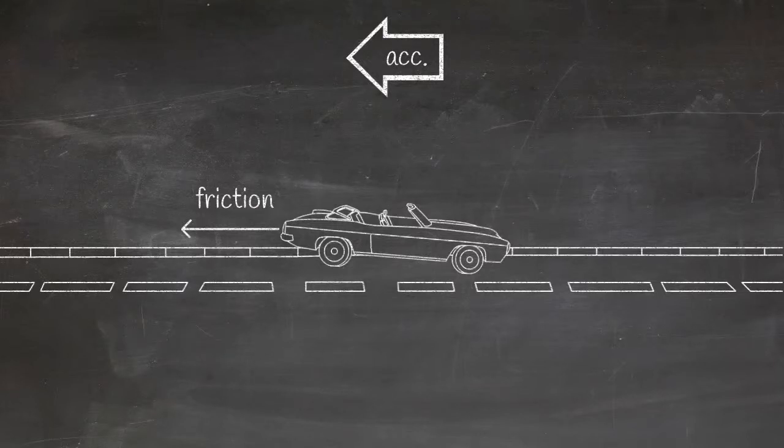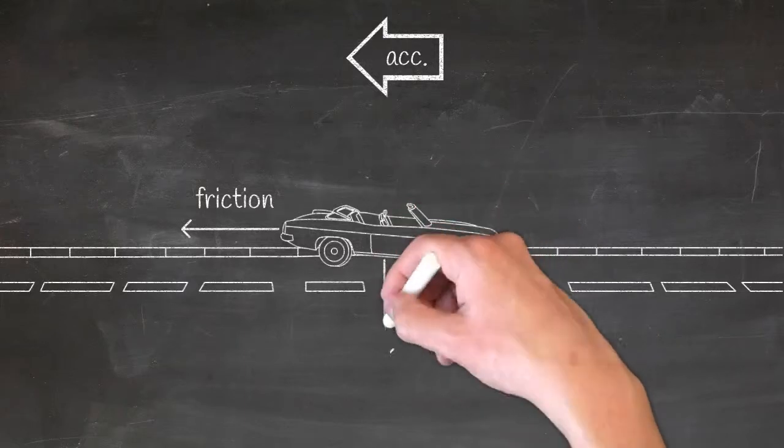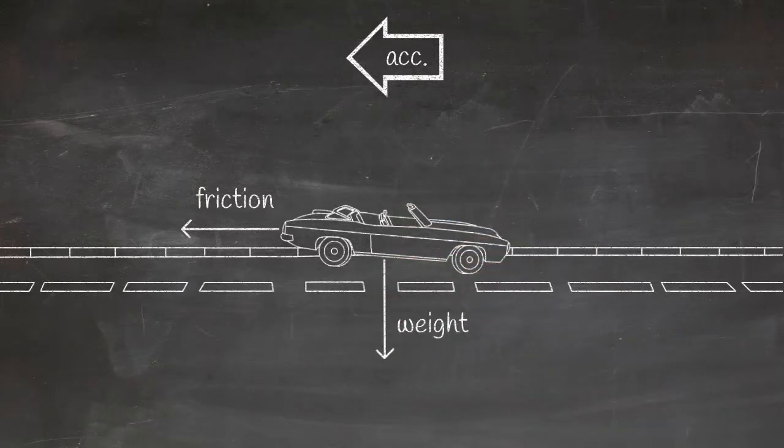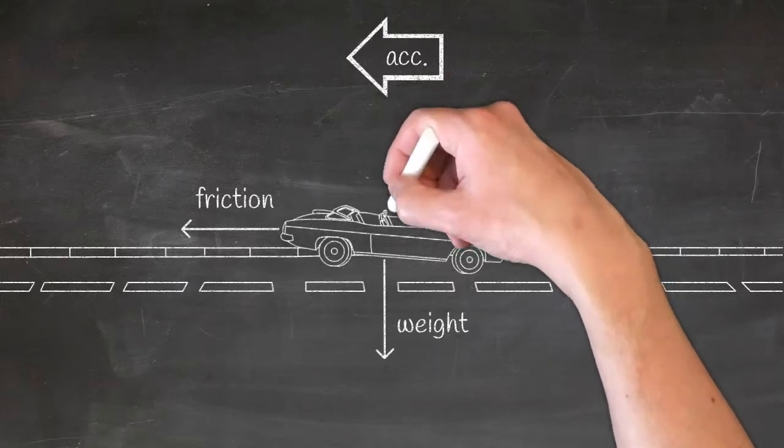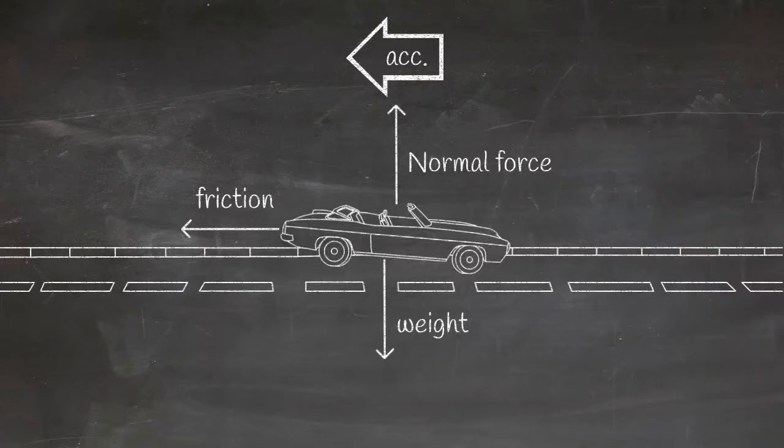And then we look at what other forces are acting on the car. Well, the car has mass, and it's on the surface of the earth, so that means it also has weight. We can calculate that weight pretty easily. If the car is also sitting on a road, that means the road has to be pushing upward with the normal force, right? So that's all the forces acting on the car.